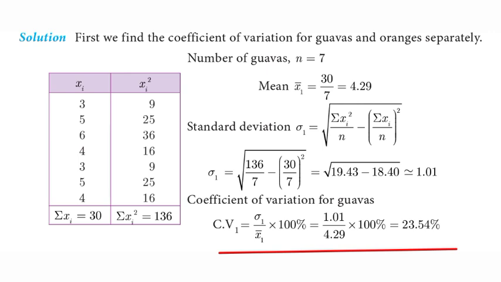Now simplify: 1.01 divided by 4.29 into 100, we get the answer 23.54 percentage. That is the coefficient of variation for guavas, 23.54 percentage.